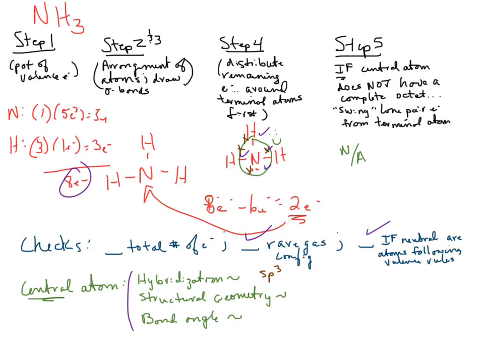Hybridization is sp3, structural geometry is tetrahedral. sp3 means it's got 4 things scattering, and in a minute you're going to convince yourself what tetrahedral really looks like. And the bond angle is 109.5.